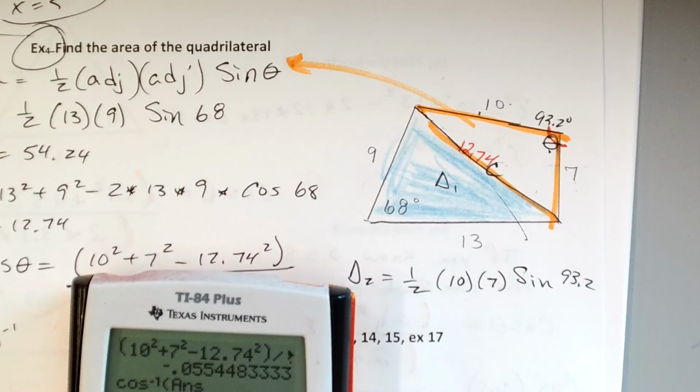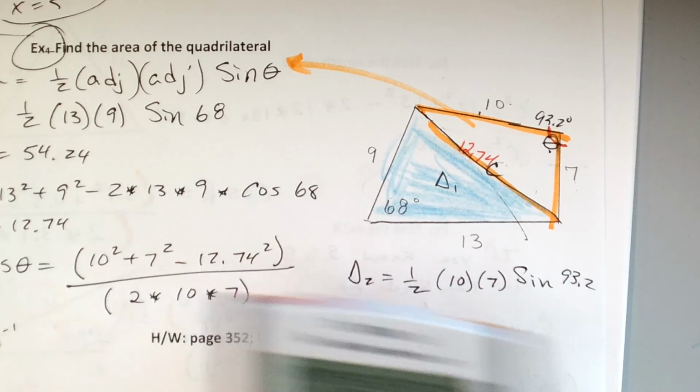So 0.5 times 10 times 7 times the sine of 93.2. I get about 34.9.